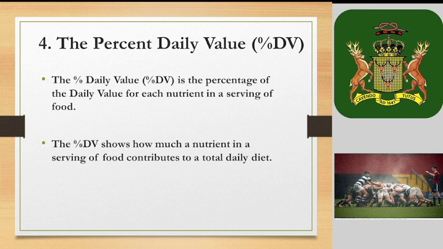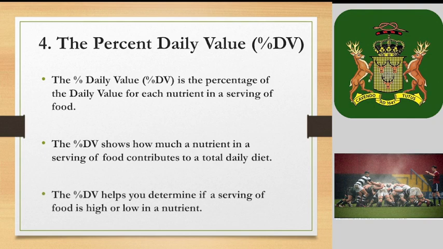It shows how much a nutrient in a serving of food contributes to a total daily diet, and helps you to determine if your serving of food is high or low in a nutrient. And remember, this information has a relationship with how many calories are necessary for life in one day. Normally 2,000 calories for a normal person.